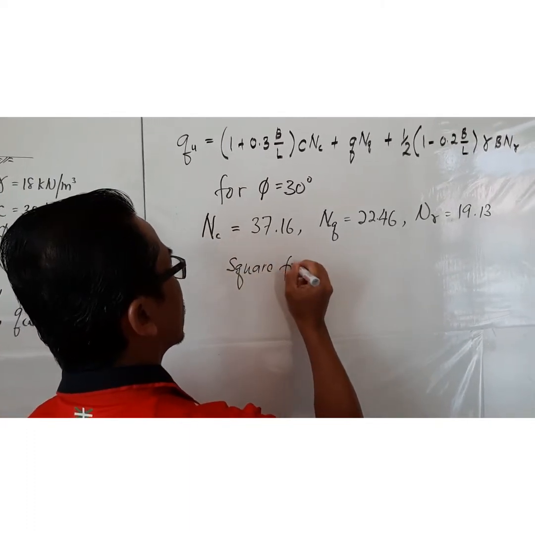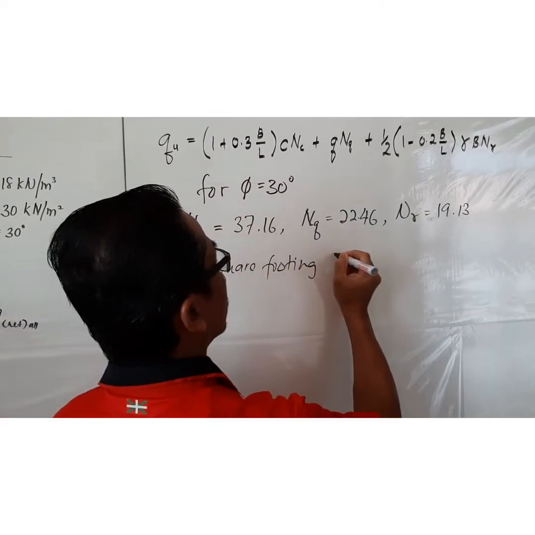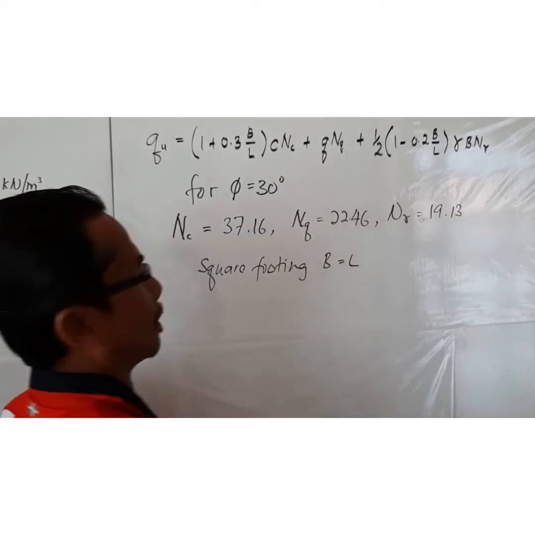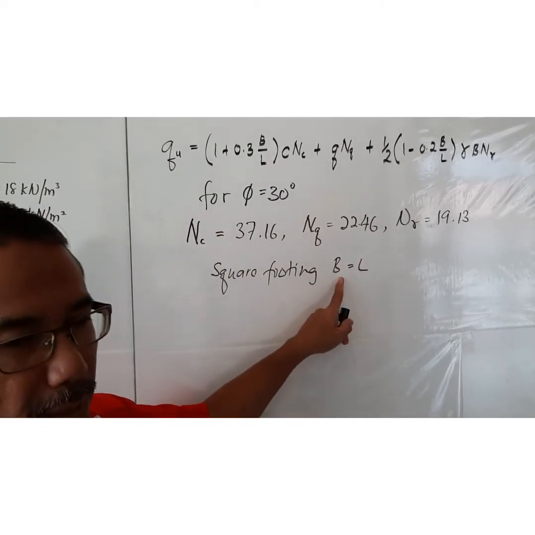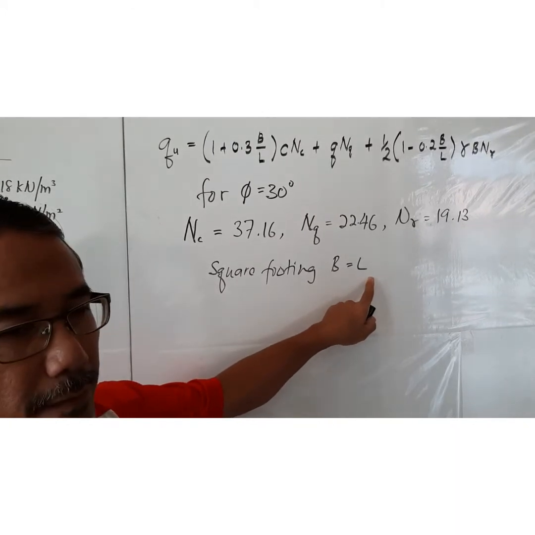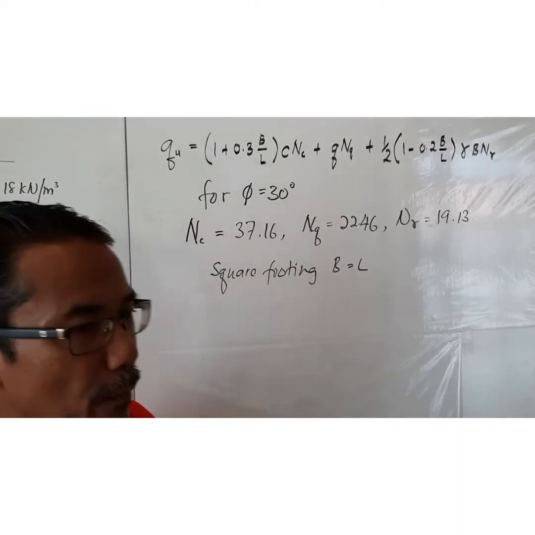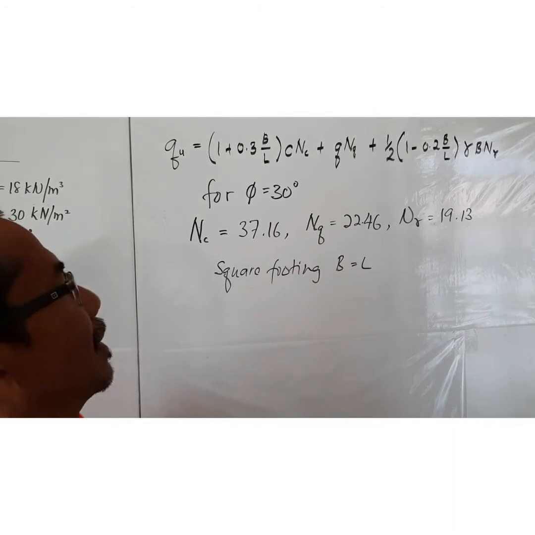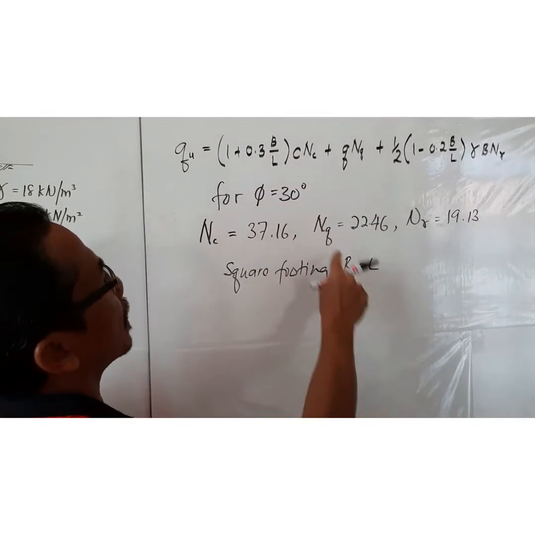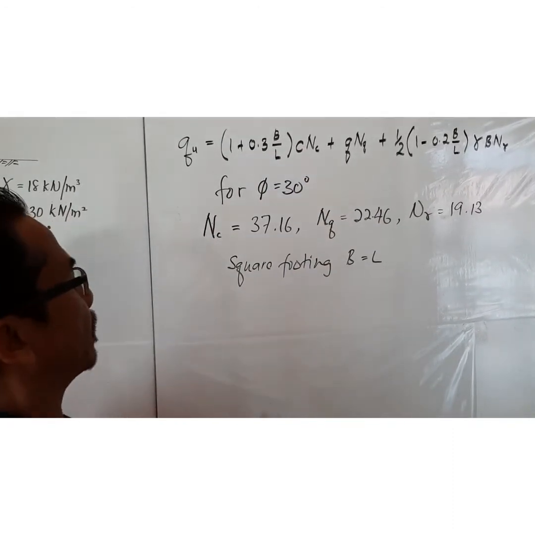Alright? So since this footing is a square footing, B is equal to L. Right? B is the width of the footing and L is the length of the footing. So for square footing, B equals L. Right? So we rewrite this equation.